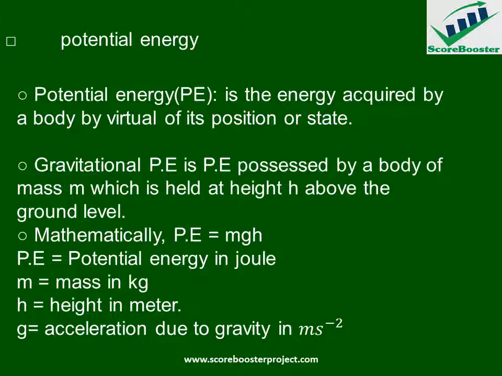Mathematically, potential energy Pe is equal to mgh. That's the product of mass, acceleration due to gravity, and height. Pe means potential energy in joule, m is mass in kilogram, h is height in meter, and g equals acceleration due to gravity in meter per second square.